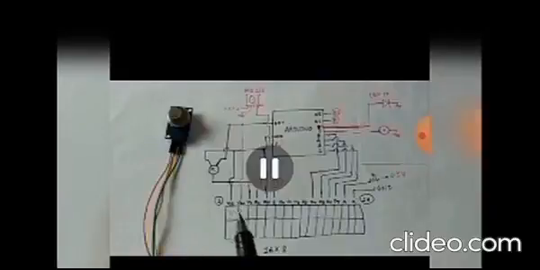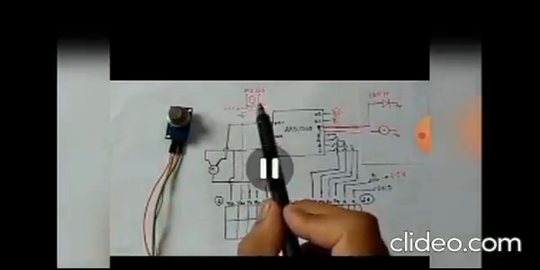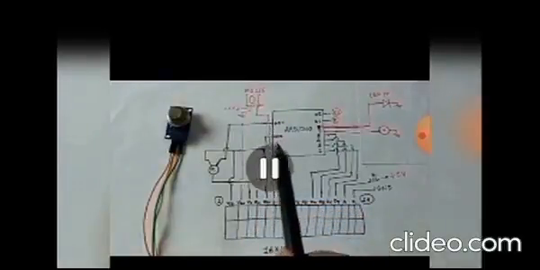So as you can see, this is the interfacing diagram of the air quality monitoring system. Here the MQ135 sensor is connected to pin A0 of the Arduino.